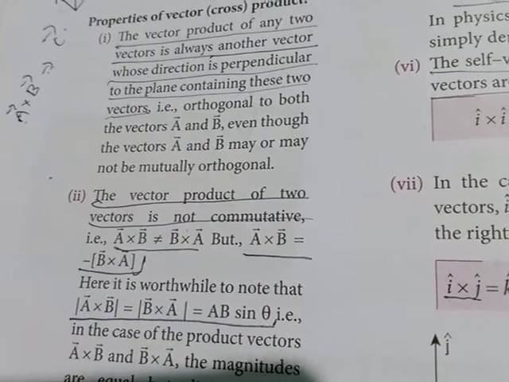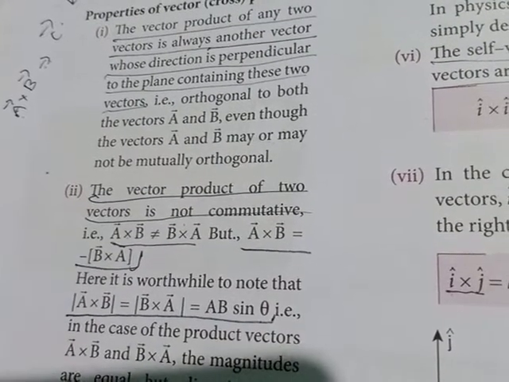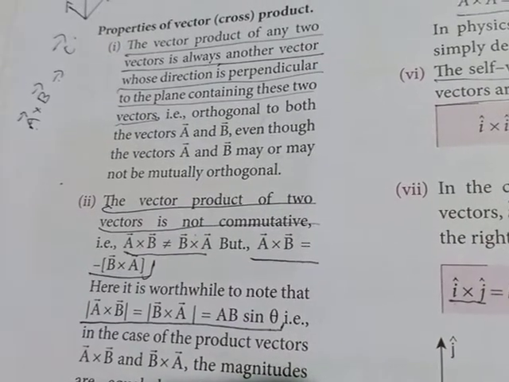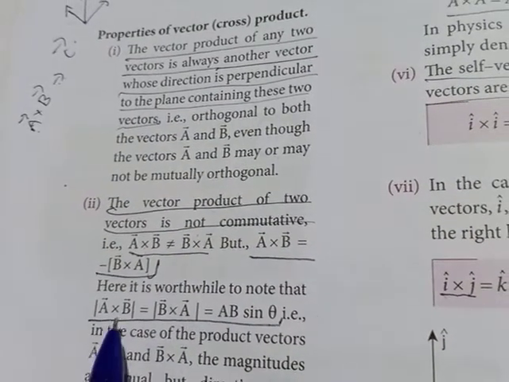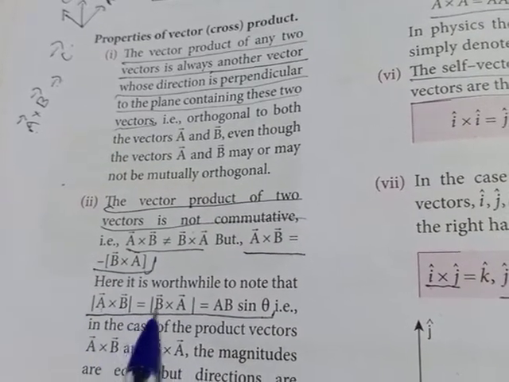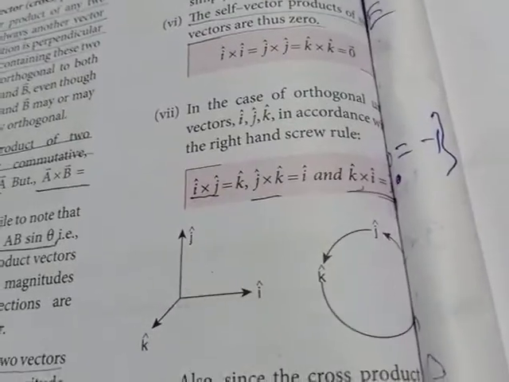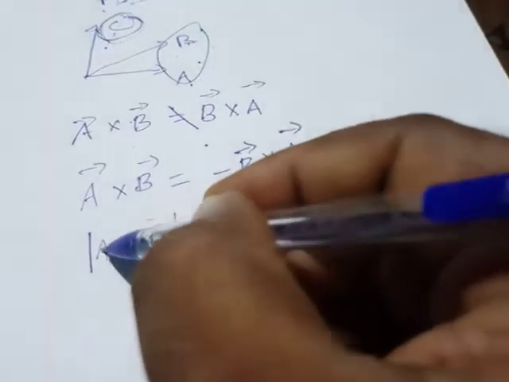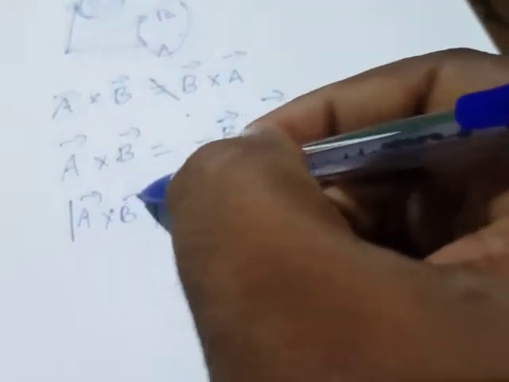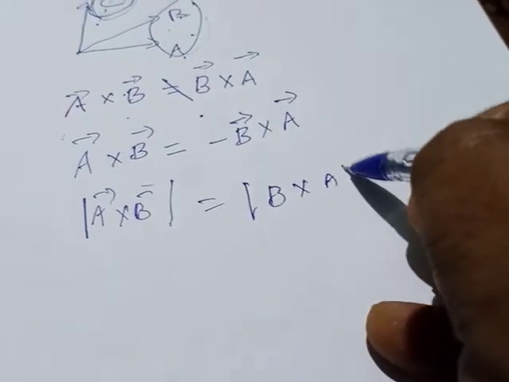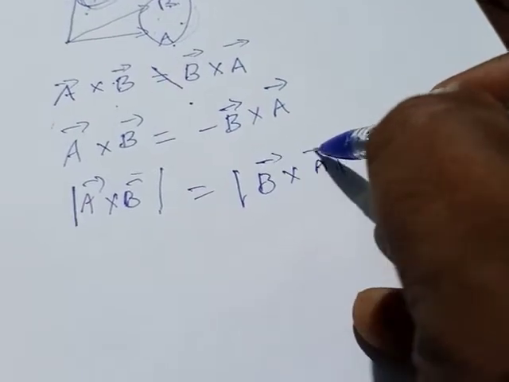A cross B is not equal to B cross A, but you can write A cross B is equal to minus B cross A. In magnitude, we are writing only the magnitude, so there is no need of the minus symbol. The magnitude of A cross B is equal to the magnitude of B cross A.